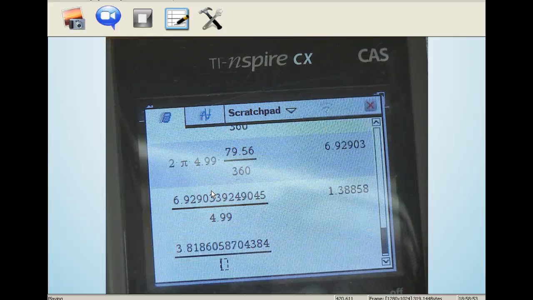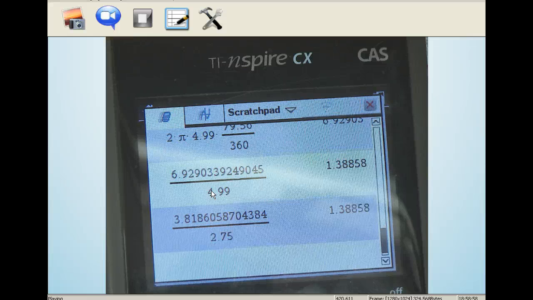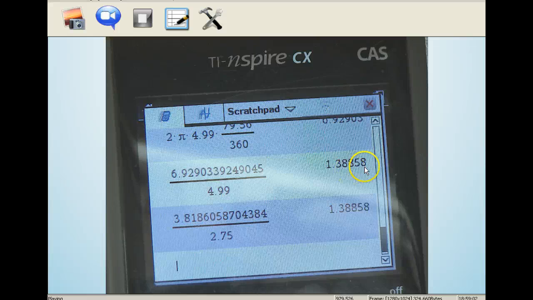Remember, we used 2.75 for that radius. 1.38858. So there is a constant here. That is the ratio of the arc to its radius remains constant. The ratio of the arc to its radius.